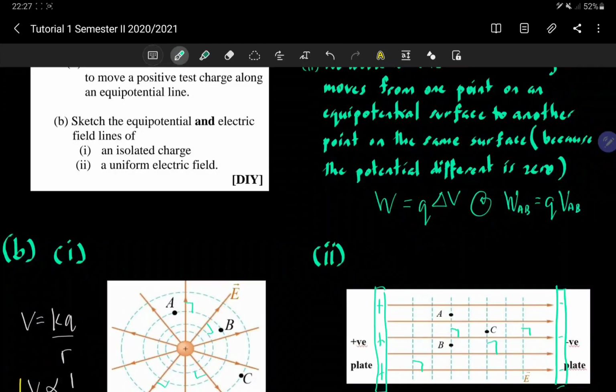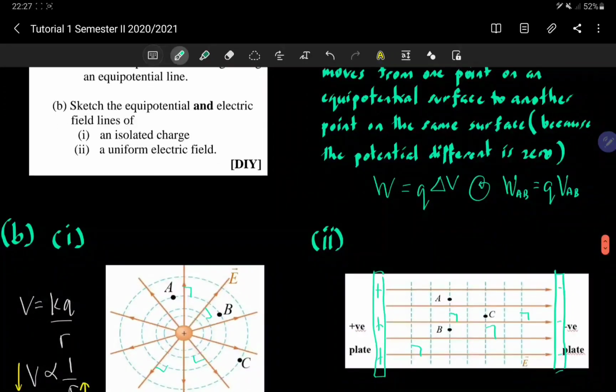Alright, so in this case, let's say between A and B here, A and B are located on the same line or surface, so that the potentials of A and B are equal to each other, where VAB equals 0. Why? Because VAB equals VB minus VA. So when VA and VB are equal to each other, VB minus VA gives you 0, isn't it?